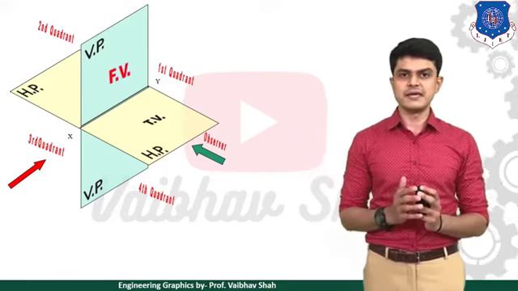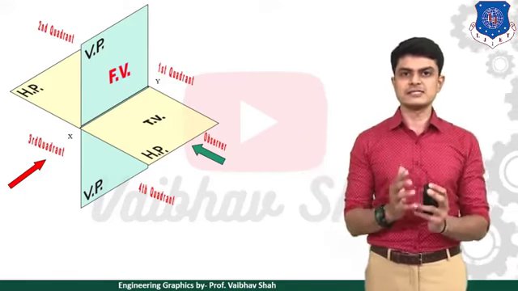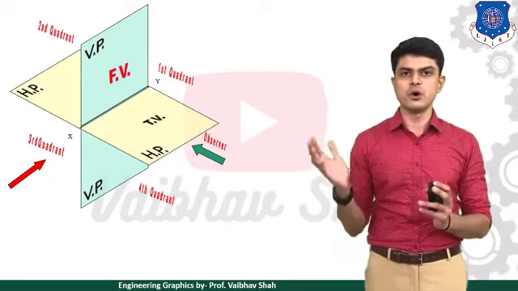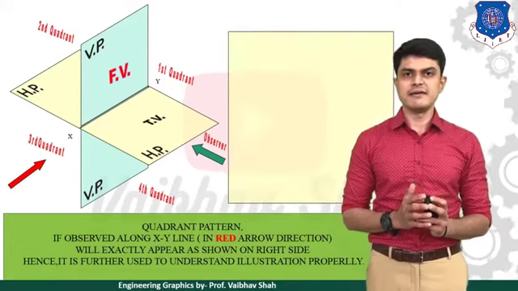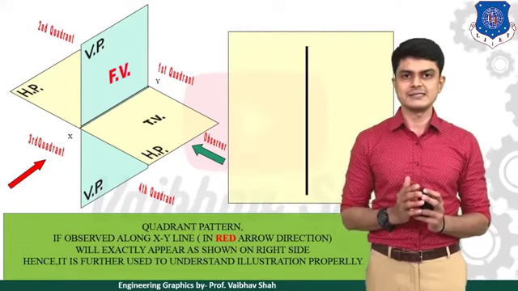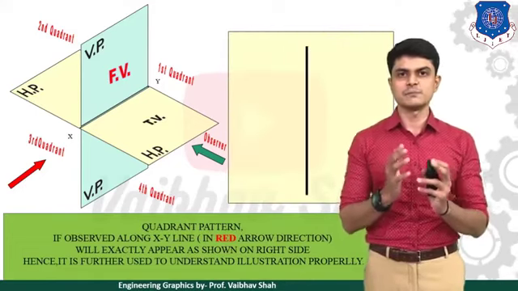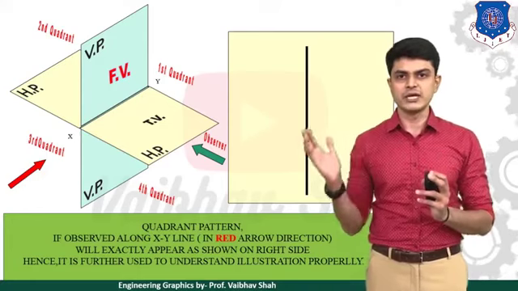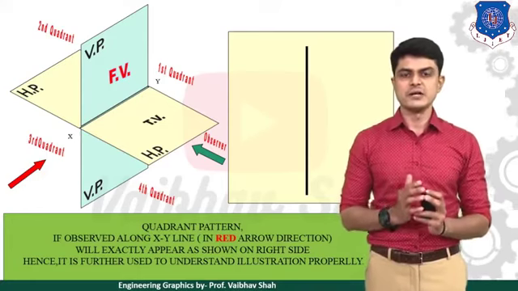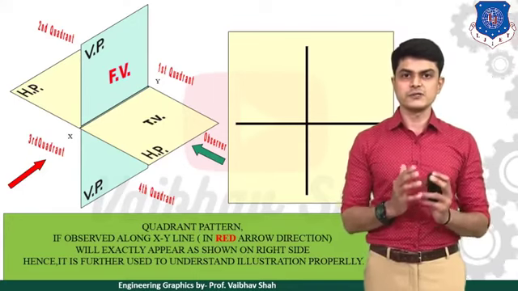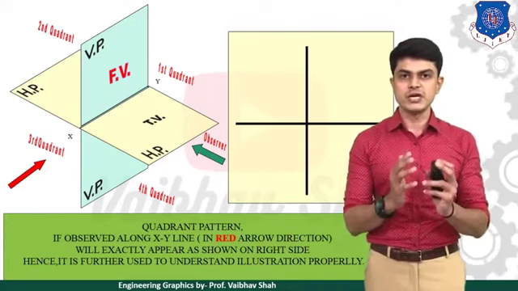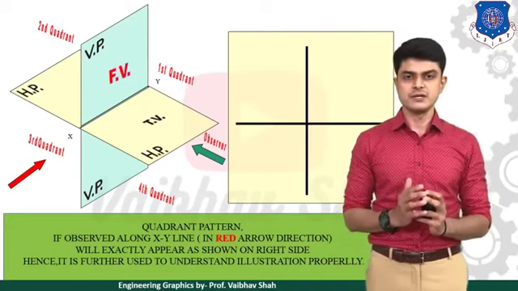Let us draw the 2-dimensional view of this 3D quadrant system. We will have one vertical line like this. It represents your vertical plane, or VP, while looking from the red arrow's direction. We will have one horizontal line like this. It is nothing but your horizontal plane while looking from the red arrow direction.